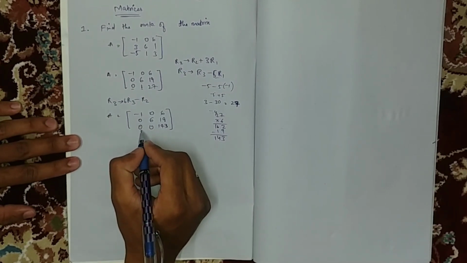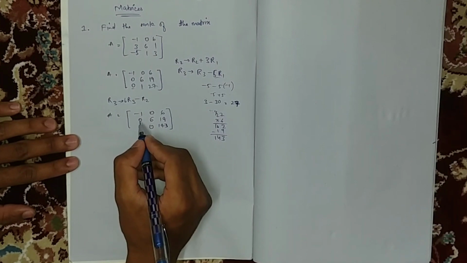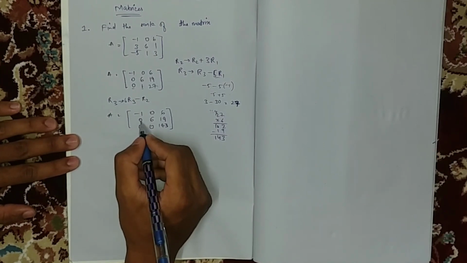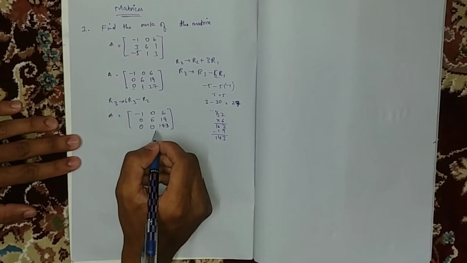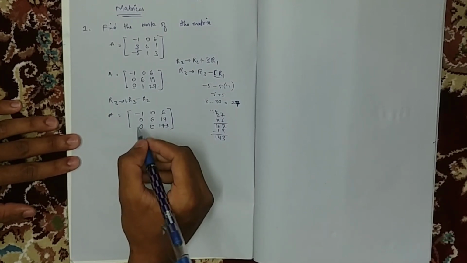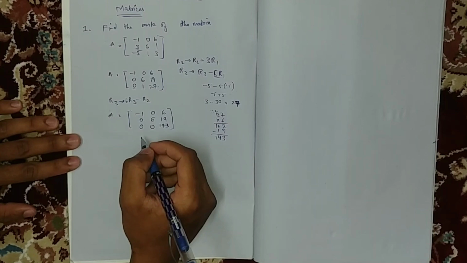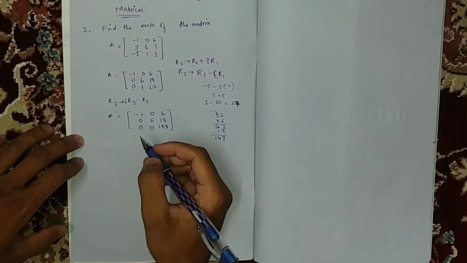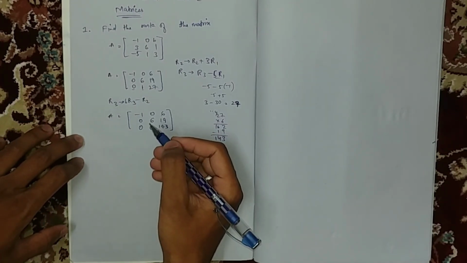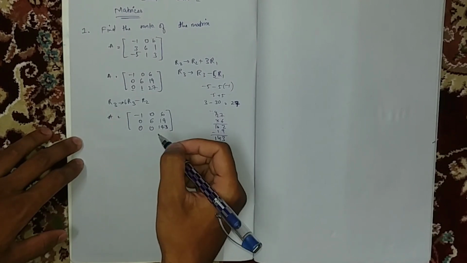So the zeros are increasing as you move to the next row. Row 1 has no zero element, then row 2 has 1 zero element, then row 3 has 2 zero elements. As you go on to the next rows, the zeros are also increasing.